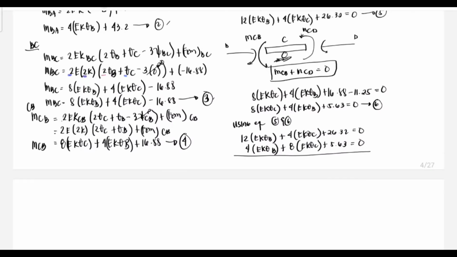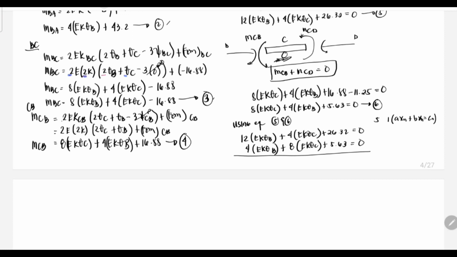Pwede na natin makuha yung ating unknown, which is EK theta B and EK theta C. Using your calculator, itype niyo lang mode 5, 1. Okay, yung mode 5 kasi, that is your equation, nakalagay naman dyan, 5. And then, ilagay nyo yung 1, which is, nakalagay sa 1 is AX plus BY is equal to C natin.